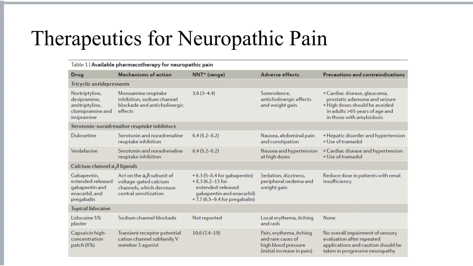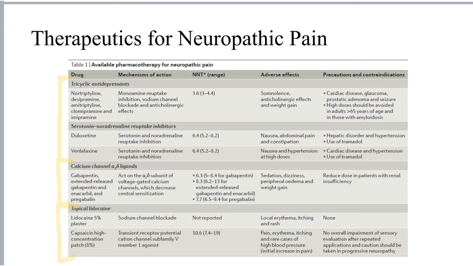There exist several different drug classes to treat neuropathic pain, including antidepressants, antiepileptics, as well as topical formulations of lidocaine and capsaicin. Let's start in the center of this table with the antiepileptics.